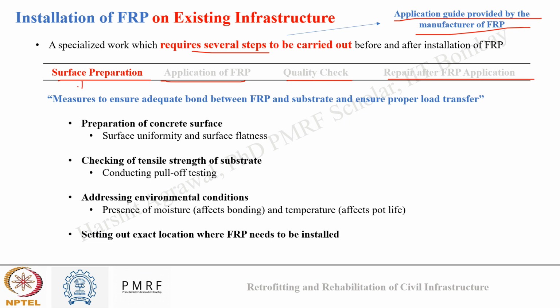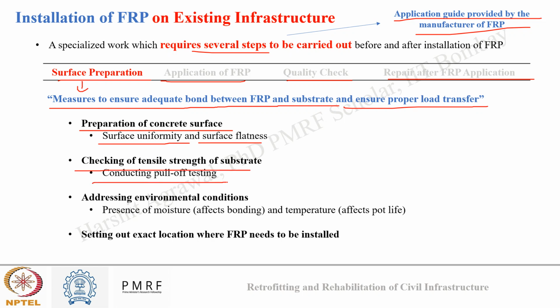Surface preparation includes measures to ensure adequate bond between FRP and substrate and to ensure proper load transfer. How is this done? First, preparation of the concrete surface: the surface should be uniform and flat. Second, checking the tensile strength of the surface, which is done by conducting a pull-off test.